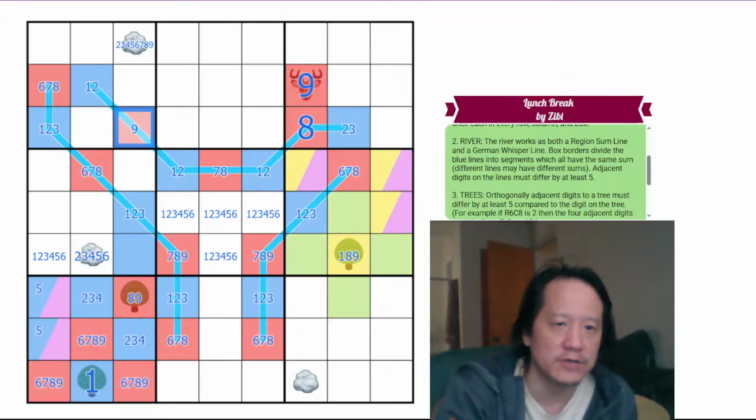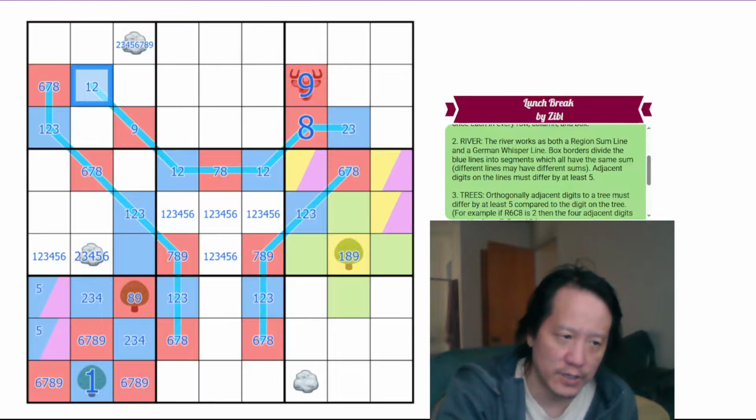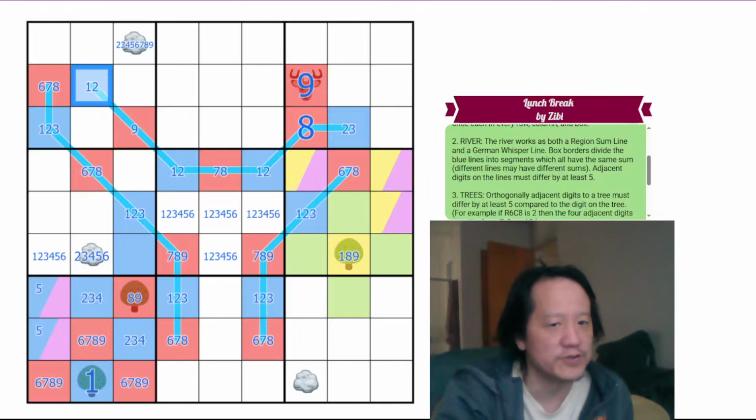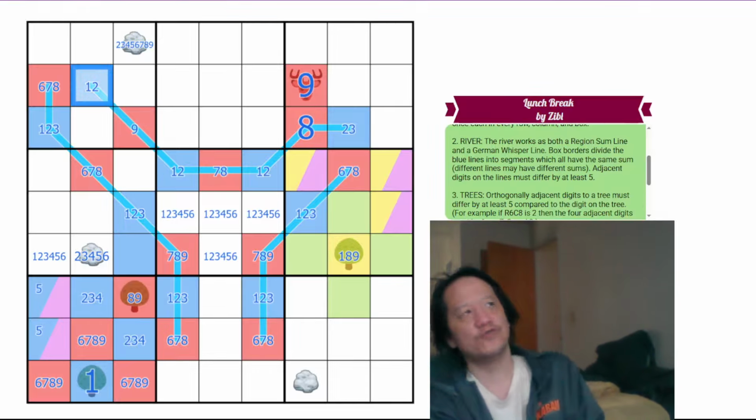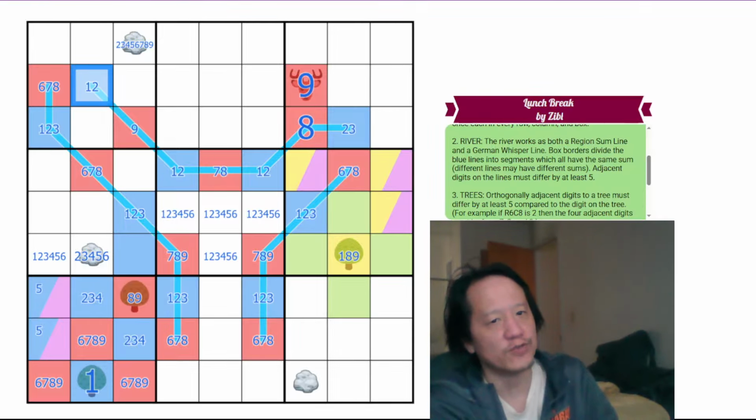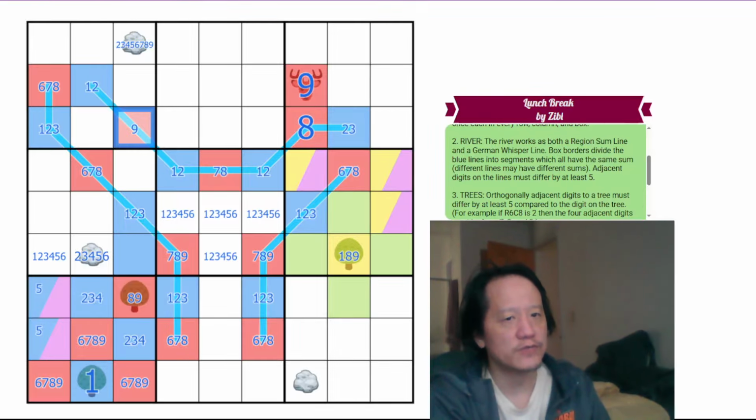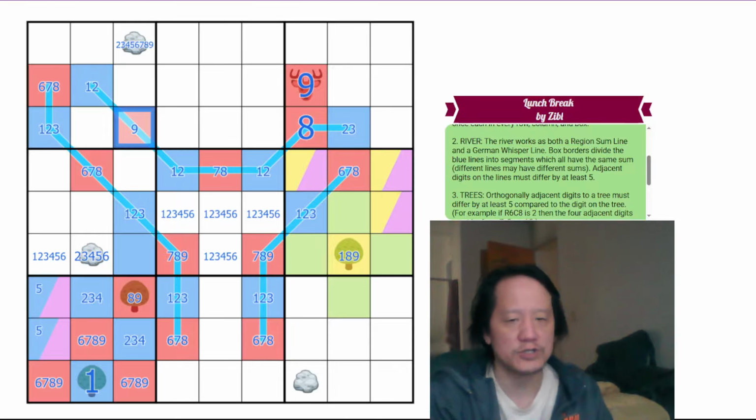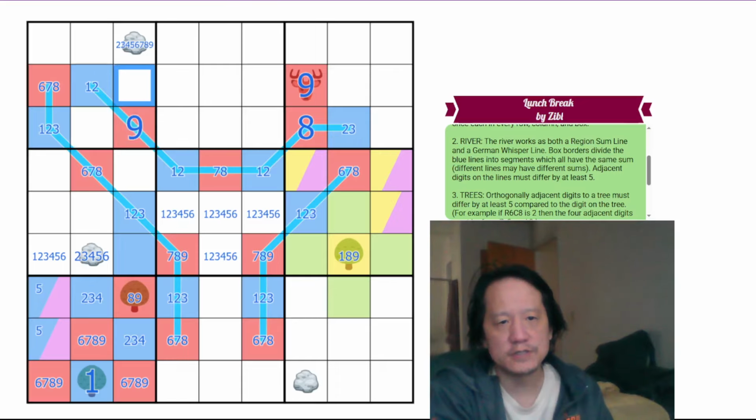It cannot be 8 here, so it can't be 8, 2, and it cannot be 7, 3. Can't be 7, 4 either here, right? Because if this is 7 and this is 4, that's not 5 away from each other. 7, 3 doesn't work, 7, 4 doesn't work, so this has to be 9. So this is 9, which means this cannot be 9 here.